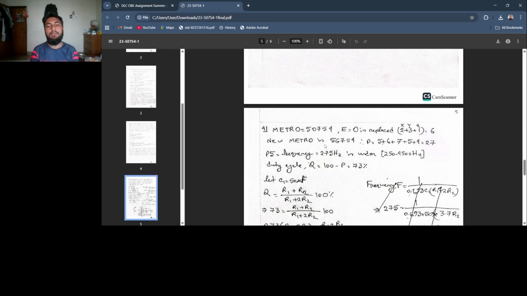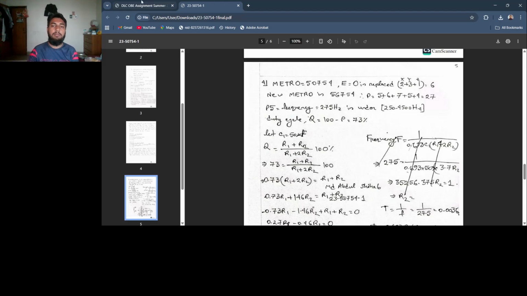Then I add those numbers, and my equation output is 27. It means P5P is 27, then the frequency is 275 Hz, and it is within 250 to 4500 Hz.